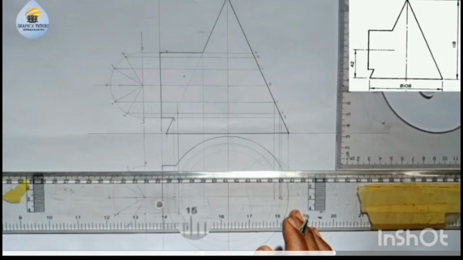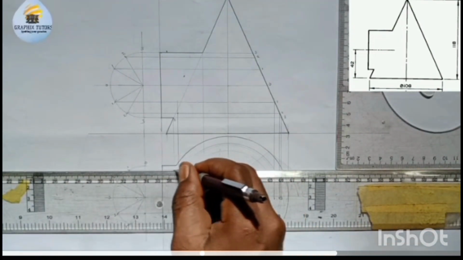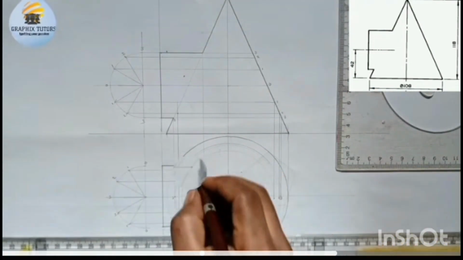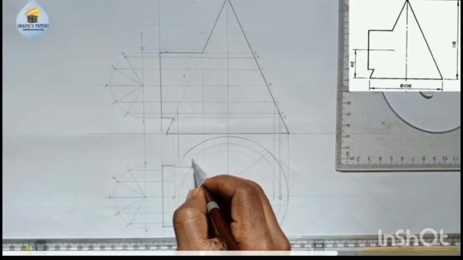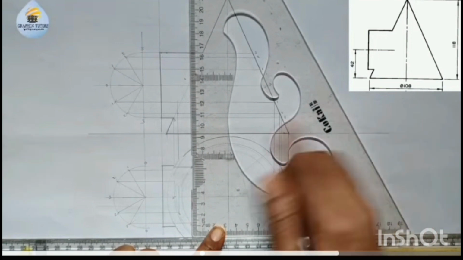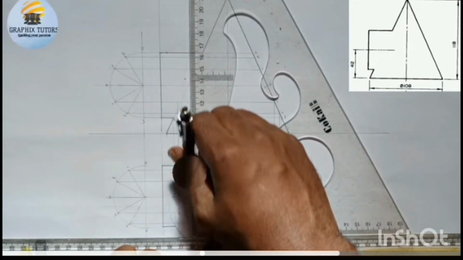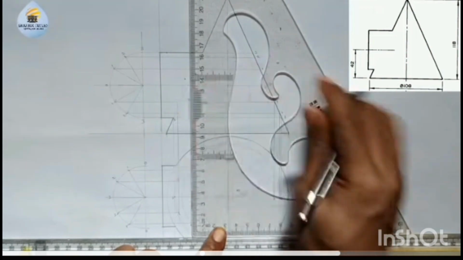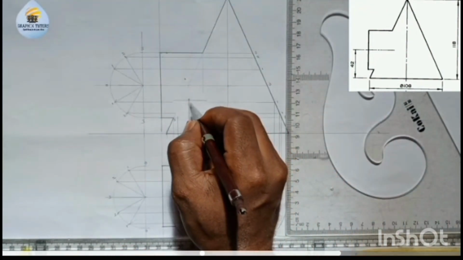Where line 1 meets circle 1, that will be another point 1. Line 1 here also is going to meet circle 1 here also, that will be another point 1. Now I'm going to project it up this way. So projecting line 1 up to go and meet 1 here. You can see this will be my point 1.